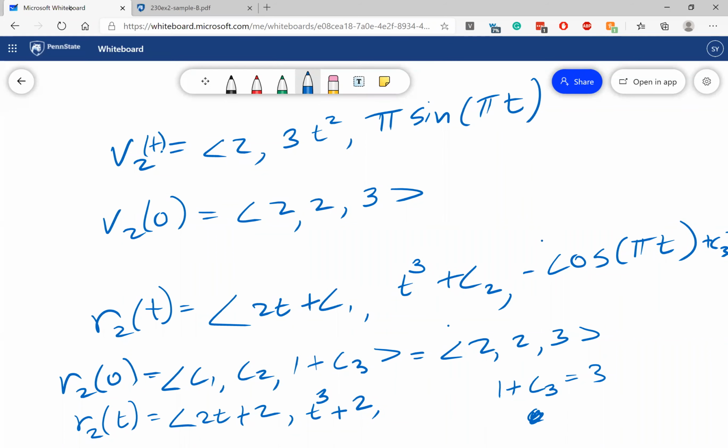So this would be negative cosine of pi t plus 2.